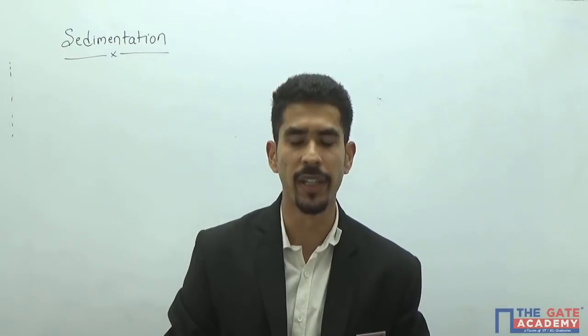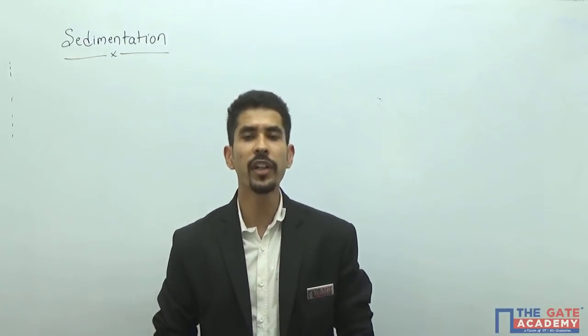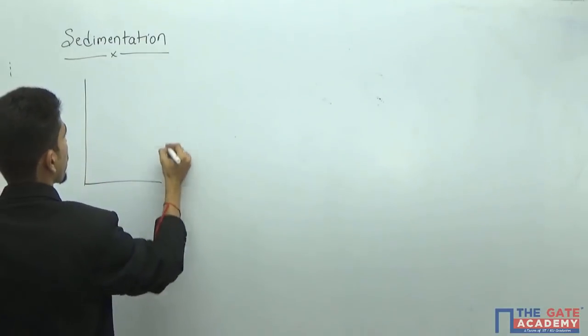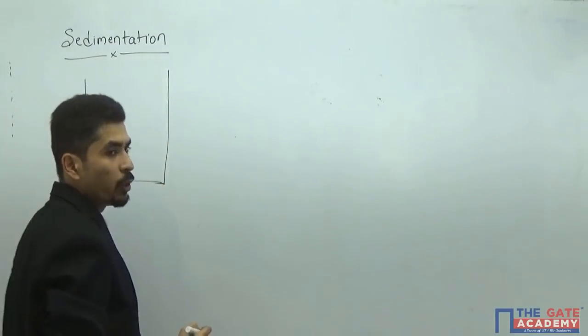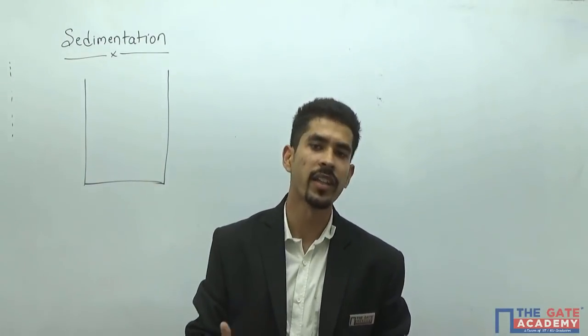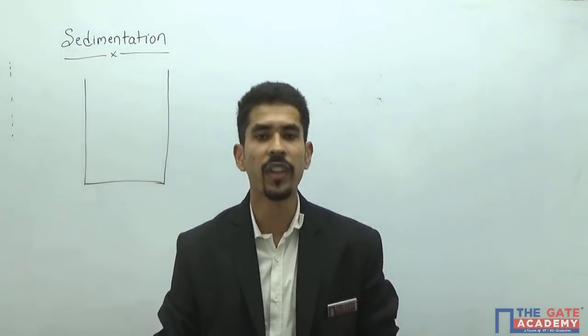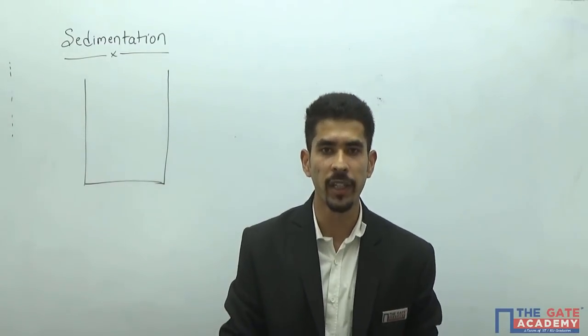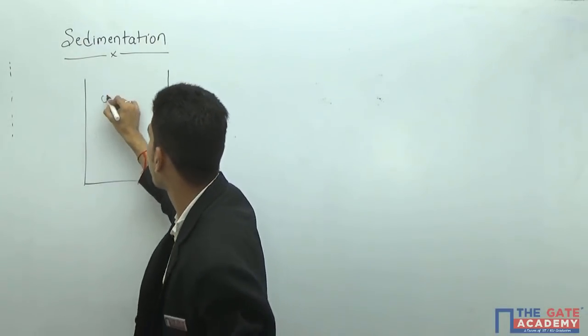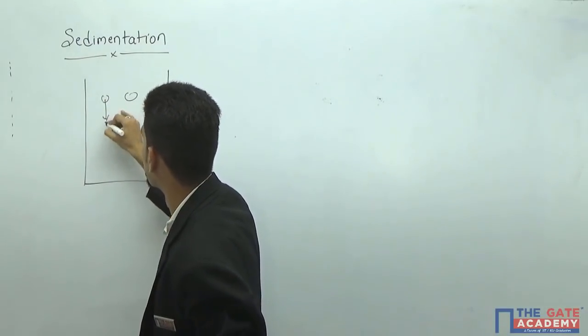those finer impurities. So what we do in a sedimentation tank is we allow the water to stand in this tank, or in other words we remove the turbulence of water so that the particles which are present in suspension in water can easily settle down.